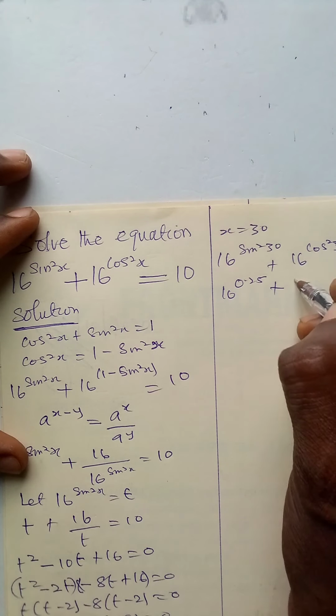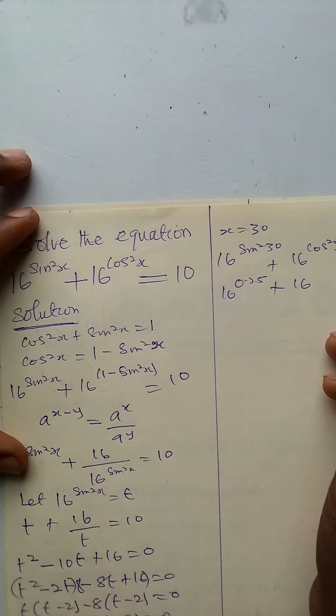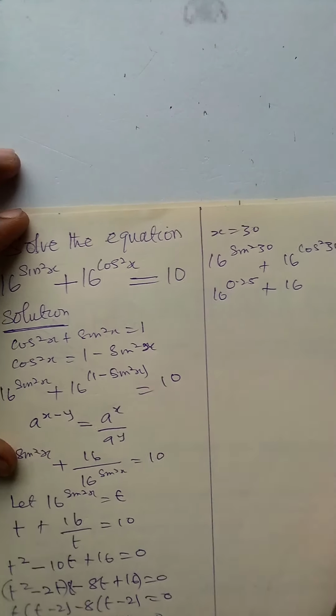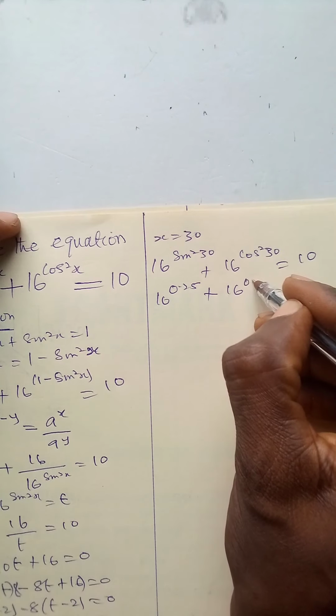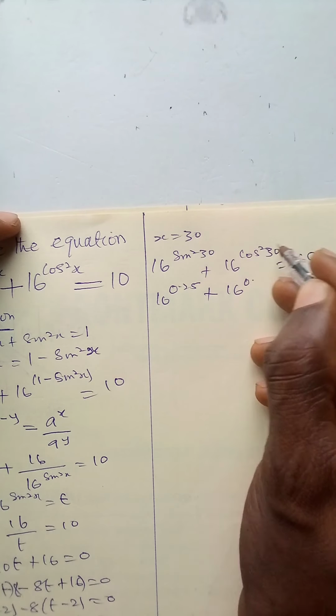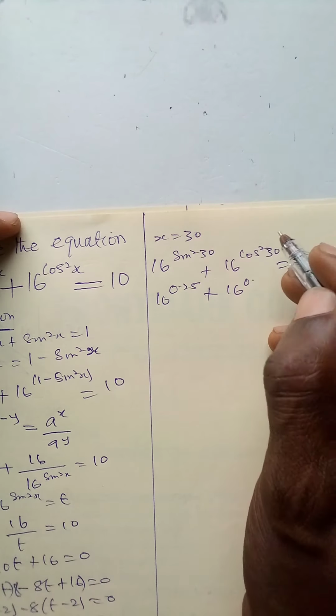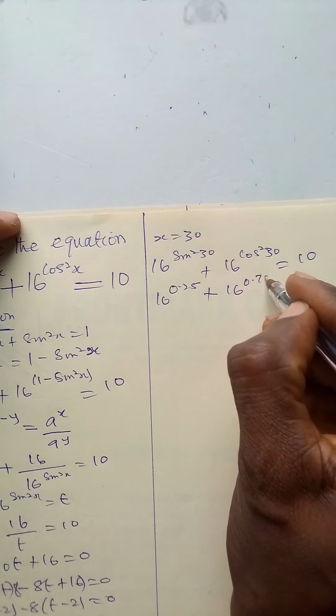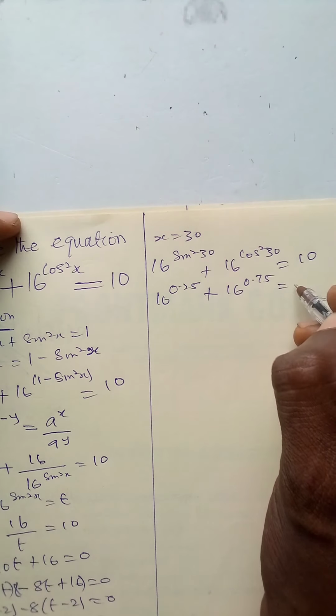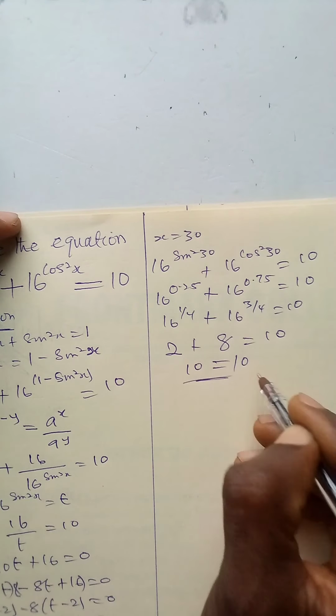And the same thing here, cos squared 30 is cos 30 times cos 30. Cos 30 is 0.8660. If you multiply 0.8660 by 0.8660, we'll have 0.75, or 3 over 4, which checks out and equals 10, so it is correct.